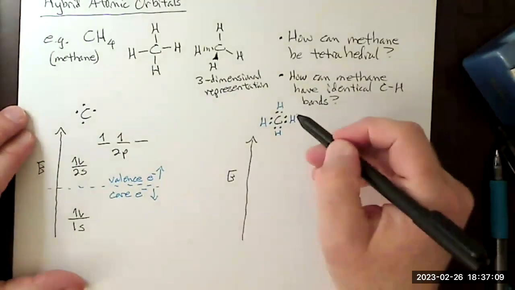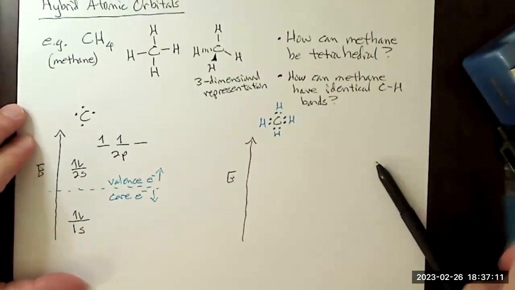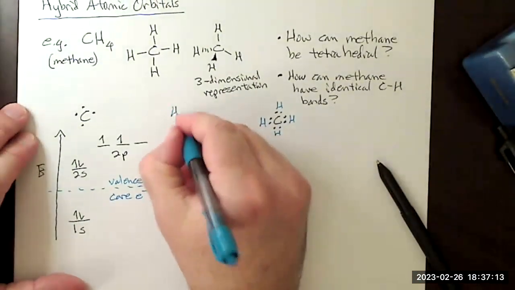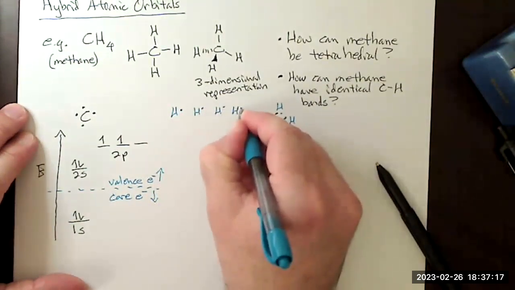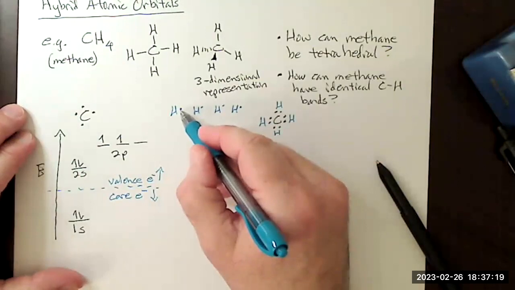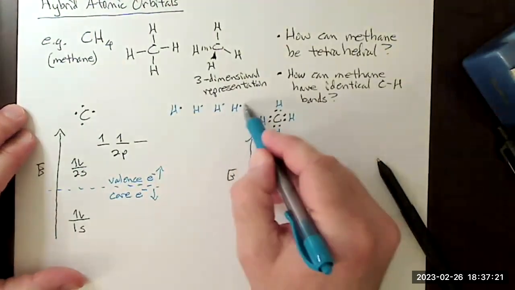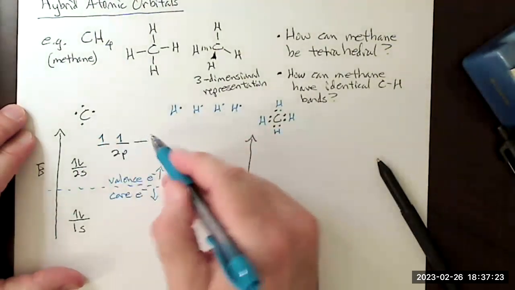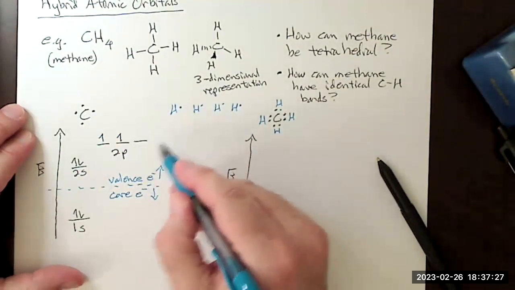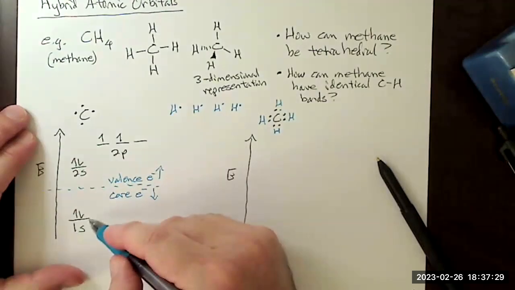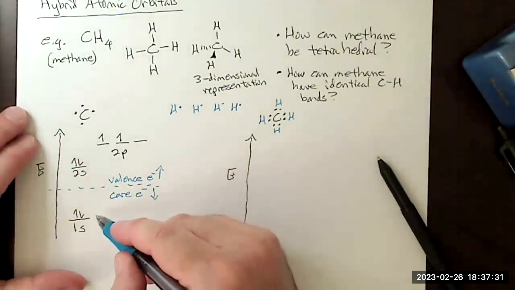Now, the problem is, if I bring 4 hydrogens, each with 1 electron, when I draw them like this, you can see how they pair up. But when I draw the electron energy diagrams of the hydrogen, I've got a 1s electron in each hydrogen. That's a valence electron.